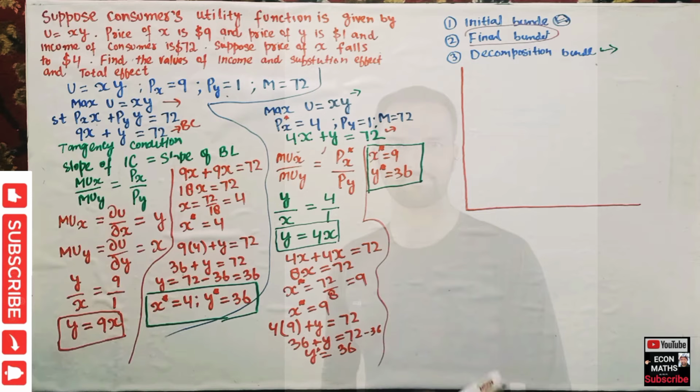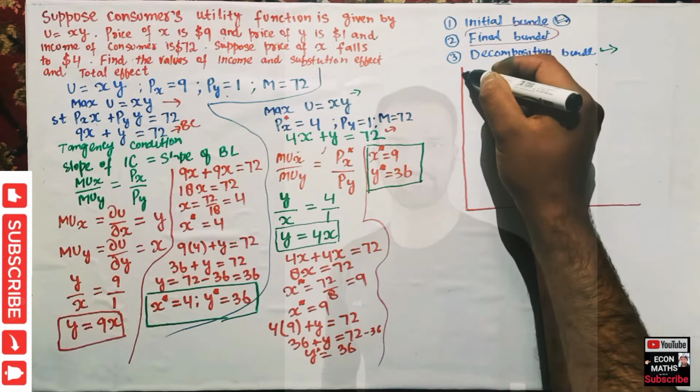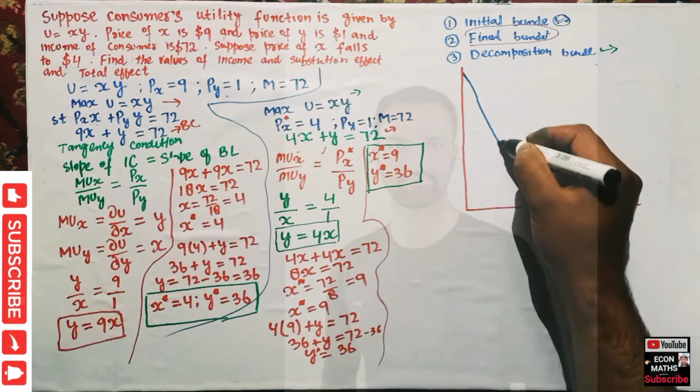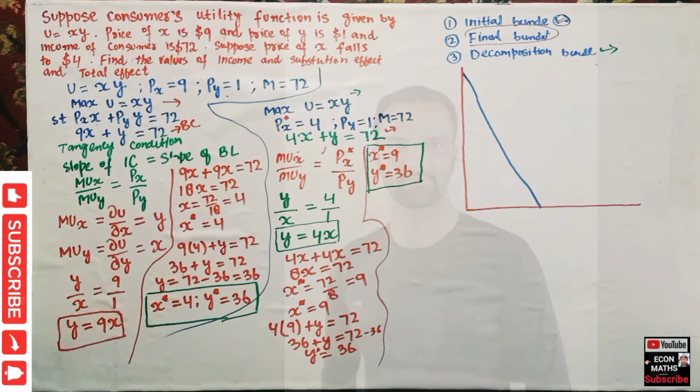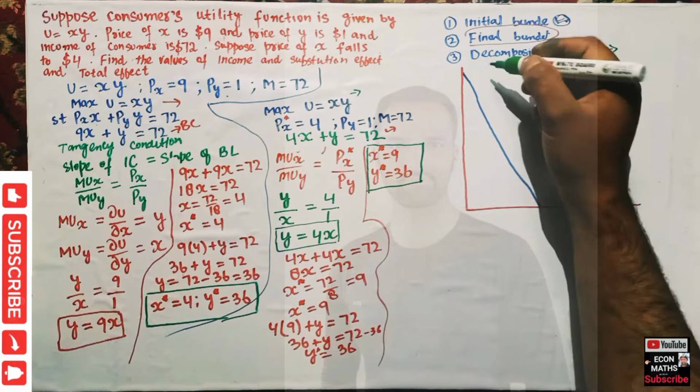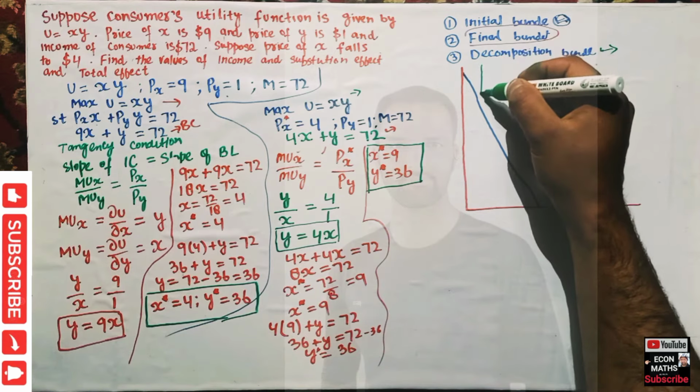So what was our initial budget line? Let us say our initial budget line was, let me use the proper color here. So let us say this was our initial budget line, and we draw the indifference curve here also. Let me draw the indifference curve like this.